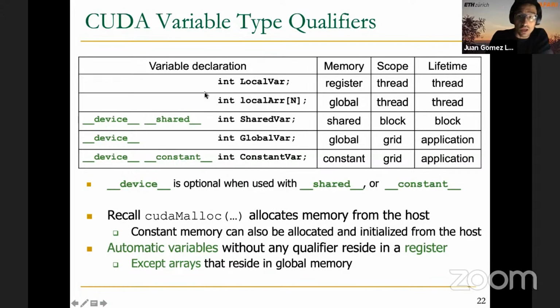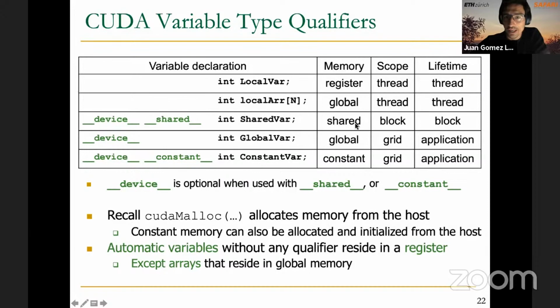We also have the shared memory that we declare this way. This array shared bar is going to be stored in the shared memory that each of the GPU cores has. And the shared memory is called shared for a reason.